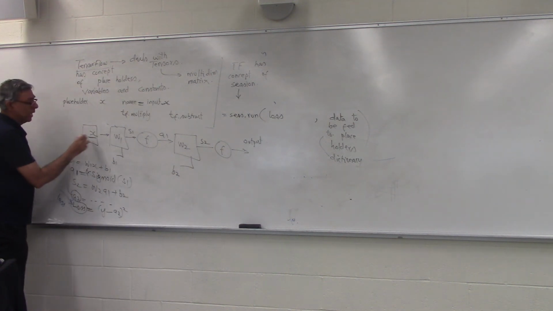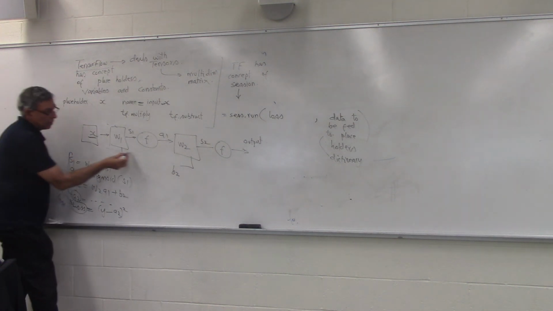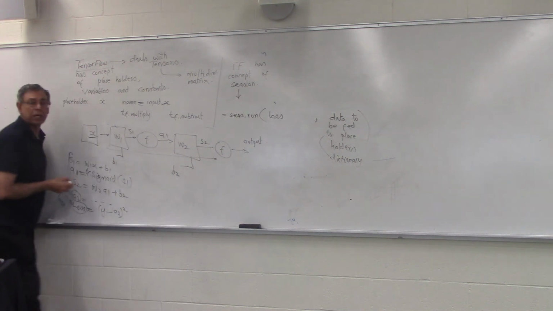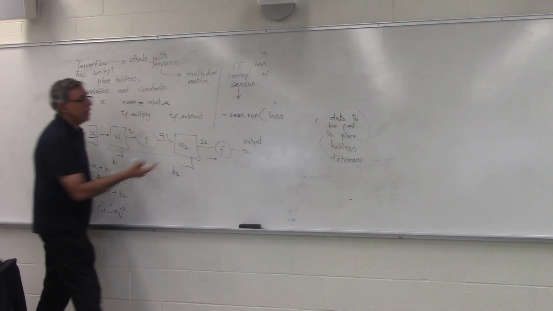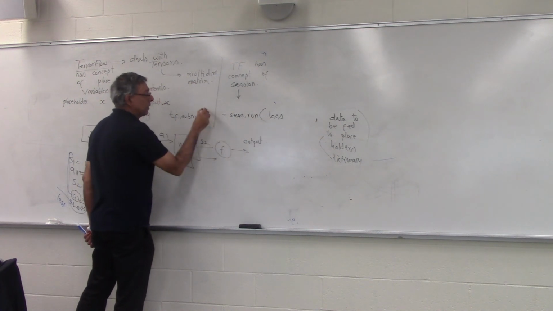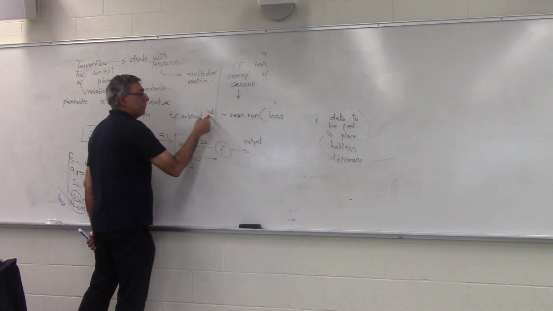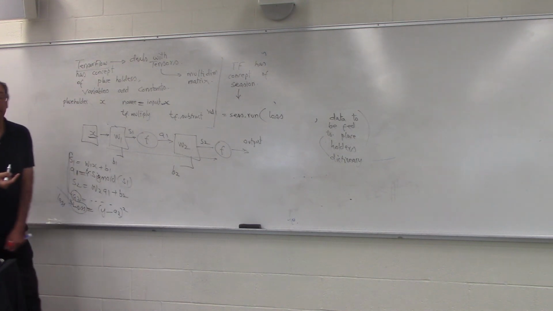Suppose I gave it some data. What we'll do is we'll run through the whole thing one time. As it runs through, it will bring back whatever this value is. So you can just store it in val1 and display it however you feel like, right?